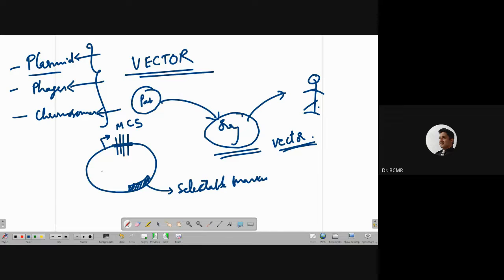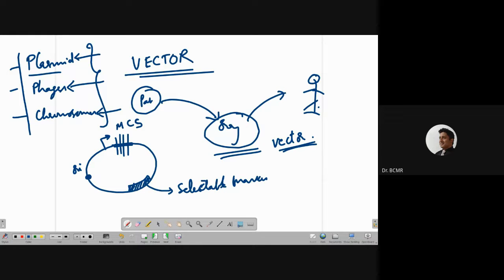The most important thing is that they should have an origin of replication. If there is no origin of replication, it is just DNA, not a replicon, and it cannot be replicated. You can take any of these plasmids, phages, chromosomes, any source of DNA from nature.